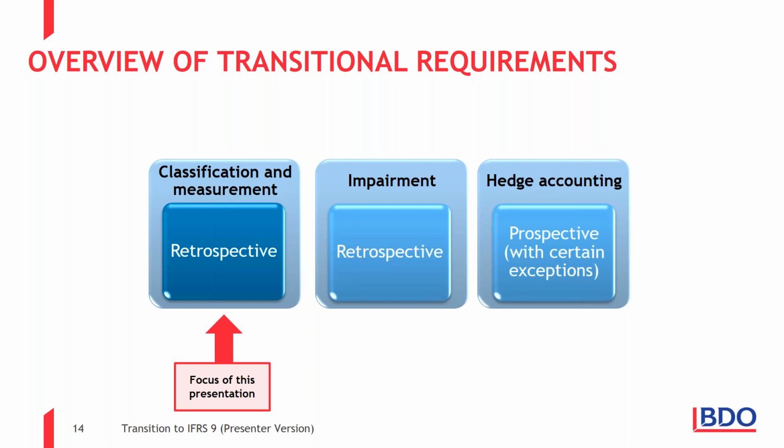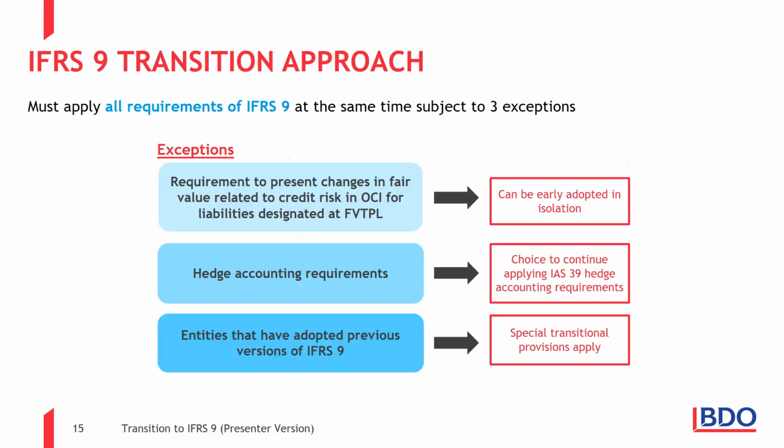There are transitional requirements around impairment that are applied retrospectively, and there are transitional requirements around hedge accounting that are applied prospectively, and there are a few exceptions to those. So transitional requirements for IFRS 9 are lengthy, very complex, and it depends on what particular area you're dealing with. I've asked a polling question, and most of you have indicated you'll be impacted by the new classification and measurement rules, and that's what we focus on today.